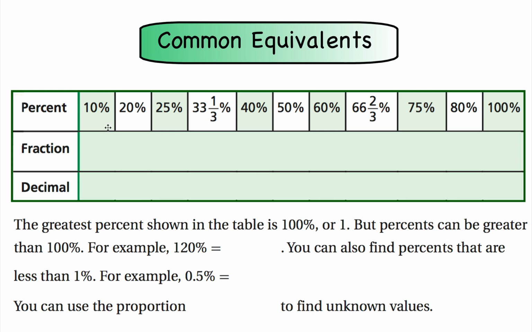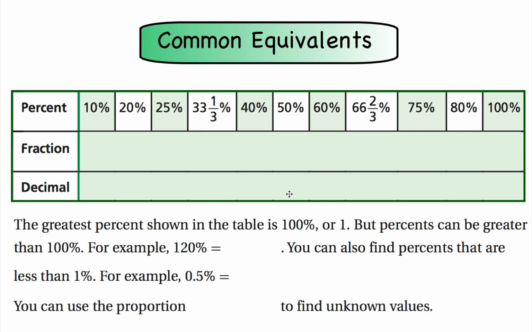Common equivalents of some things that you should recognize without even having to use a calculator. You should recognize both the decimal and fraction equivalent of all of these percents. So 100%, you should recognize that as a fraction is just 1, and as a decimal is 1.0. 80% would be like 80 over 100, which is the same as 4/5, which is 0.8. 50% is a half.